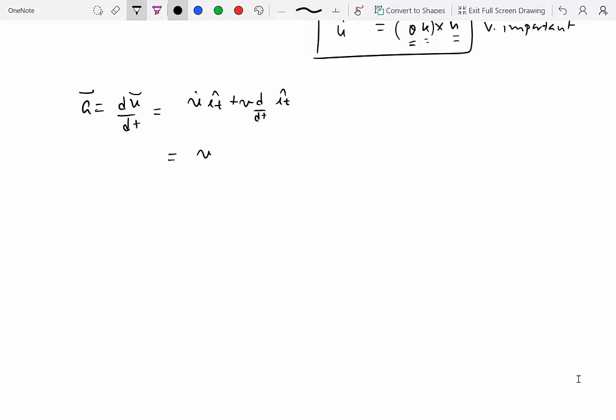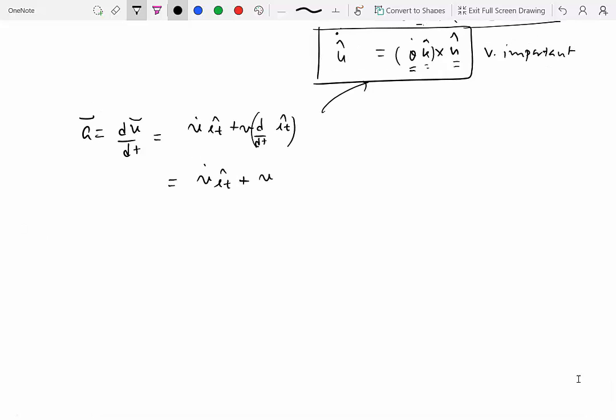So v dot et hat plus v times derivative of a unit vector. And what is the derivative of a unit vector given as? By this relationship. So this is theta dot k cross the unit vector itself, right? Okay. So this is v dot et hat plus v theta dot k cross et.